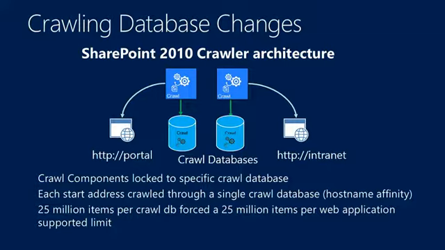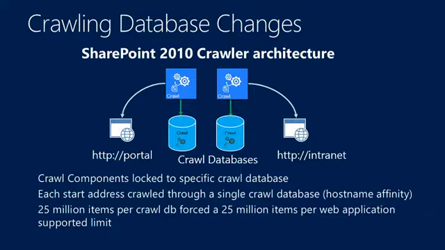And in 2010, we had some customers who were trying to do that in one web application, which meant one crawl database, because the affinity between crawl databases and web applications was a one-to-one relationship. So the anchor processing became worse, the crawl time took longer, the databases were reaching 800-900 gigabytes in size. In 2013, we've changed all that, and we can now support what we call multiple crawl DBs on a single web application.